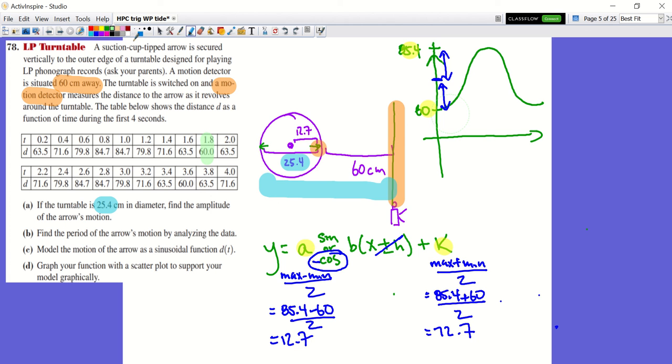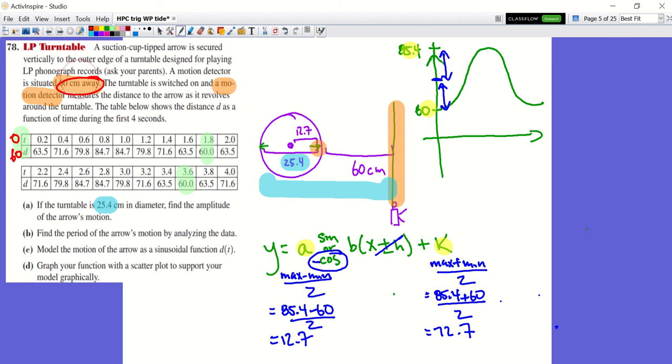So here are low points there, and there's a low point here at t equals 0. That's implied, so I can fill in one that's implied here, 0 and 60. Okay, so you can do a period.